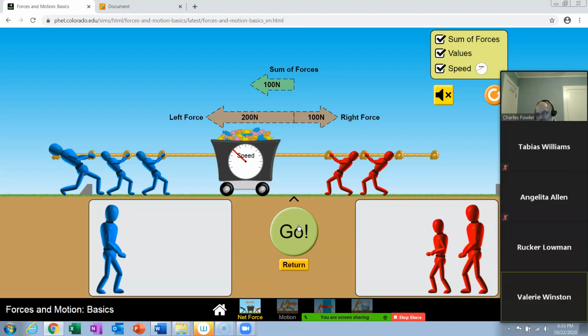So record the motion of the cart. Now the whole motion. It started to the right at a decreasing speed, came to a stop, and started at a slow speed going to the left, but started increasing its speed because the acceleration was to the left.